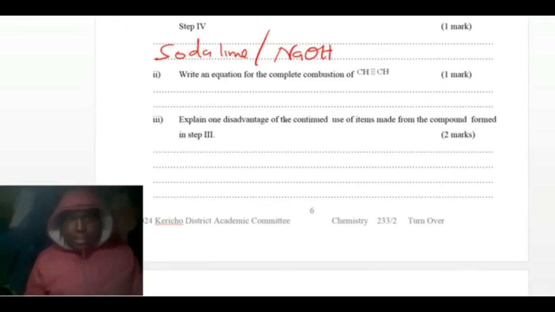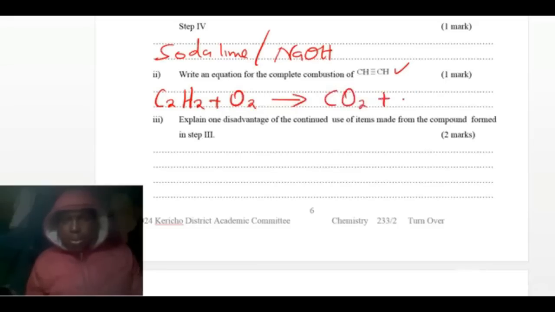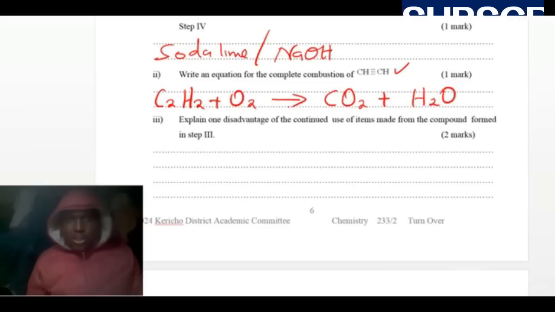Explain one disadvantage of continued use. Before that, write an equation for the complete combustion of this. So this one is C2H2 plus oxygen. This one is going to form carbon dioxide. An organic compound undergoing combustion forms carbon dioxide plus water. So we need to balance this equation.